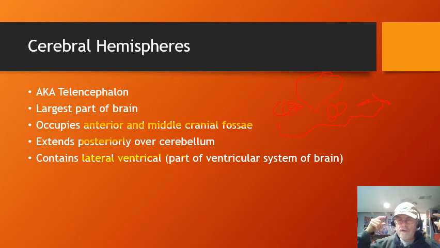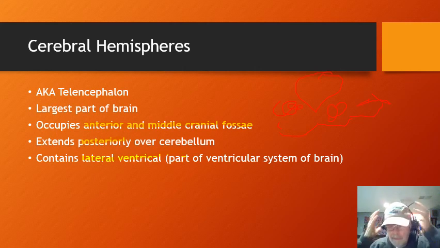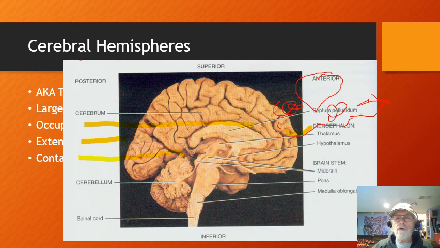So the lateral ventricles feed into the third ventricle, which is in the middle of the brain, and the third ventricle feeds downwards to what's called the fourth ventricle, and from the fourth ventricle it feeds out through channels that will provide the cerebral spinal fluid that will cover the whole brain as well as down the spinal cord. And so part of the ventricular system that makes the cerebral spinal fluid is in the cerebral hemispheres on both sides, a part on the right side, part on the left side, and we'll show that a little bit later.